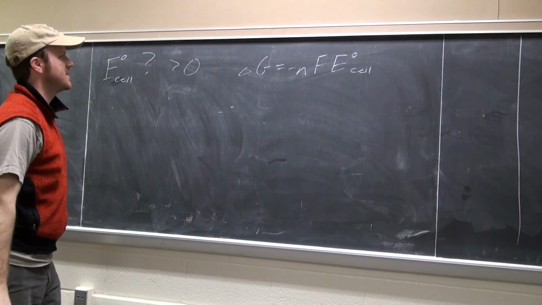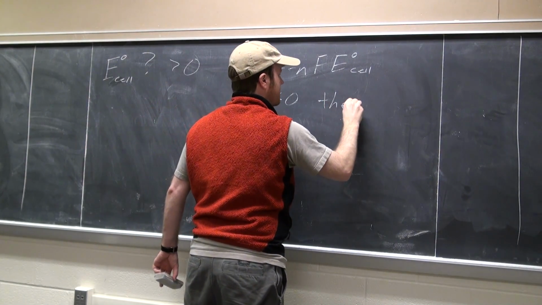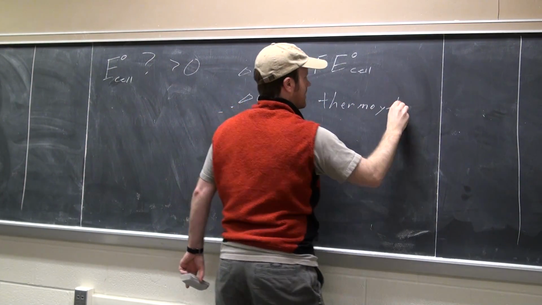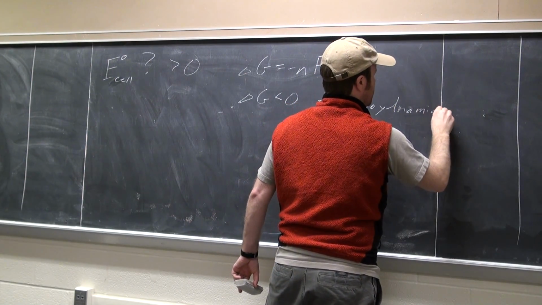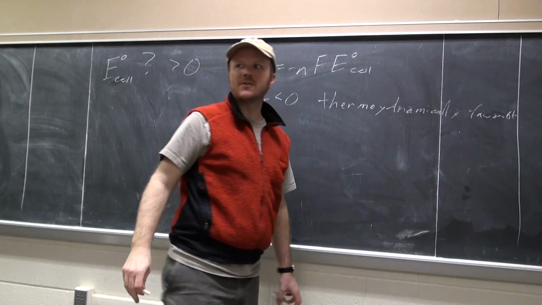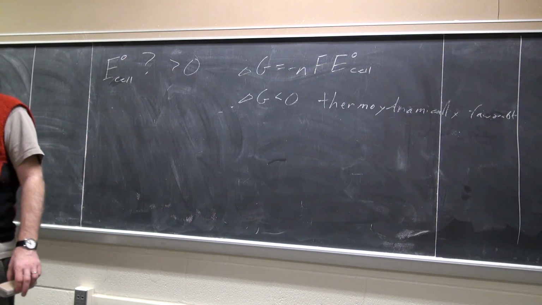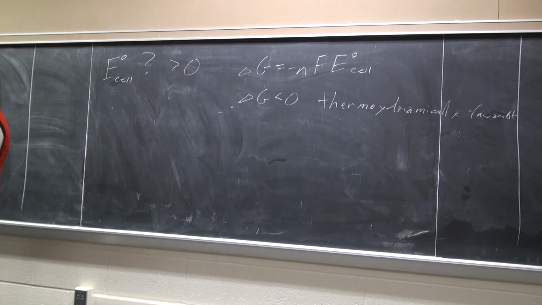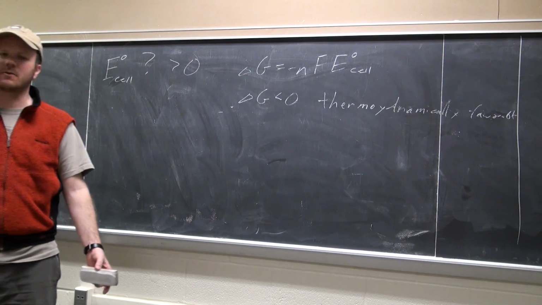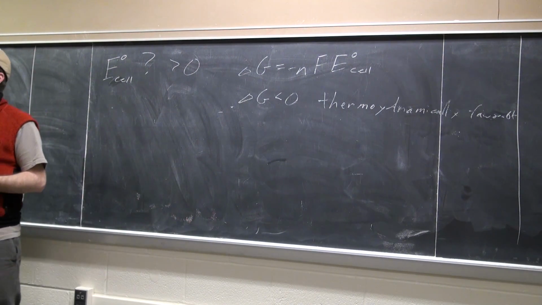And so if E0 cell is greater than 0, that means delta G is going to be less than 0. And so this is going to be thermodynamically favorable. So I could give you an E0 cell that's negative, and I'll say, is this thermodynamically favorable or not? And you would say, no, it's not, because of the sign of delta G. So those are the important points about galvanic corrosion, being able to work your way around which metal is going to corrode, which is not, the sign of delta G based on E0 cell, things like that.